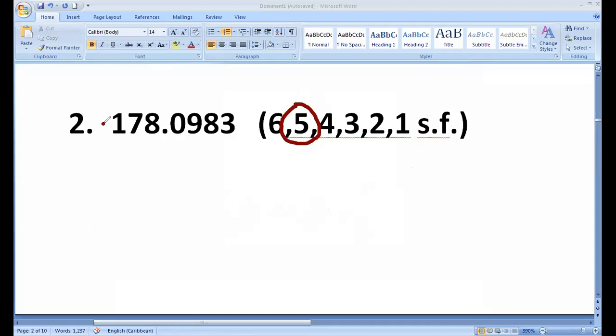I moved 5 imaginary places to the right. So when I counted, I would be between the 9 and the 8. So the 8 is greater than 5, so I bring over 1 to the 9. It would make it 10. So that's how I get my answer.